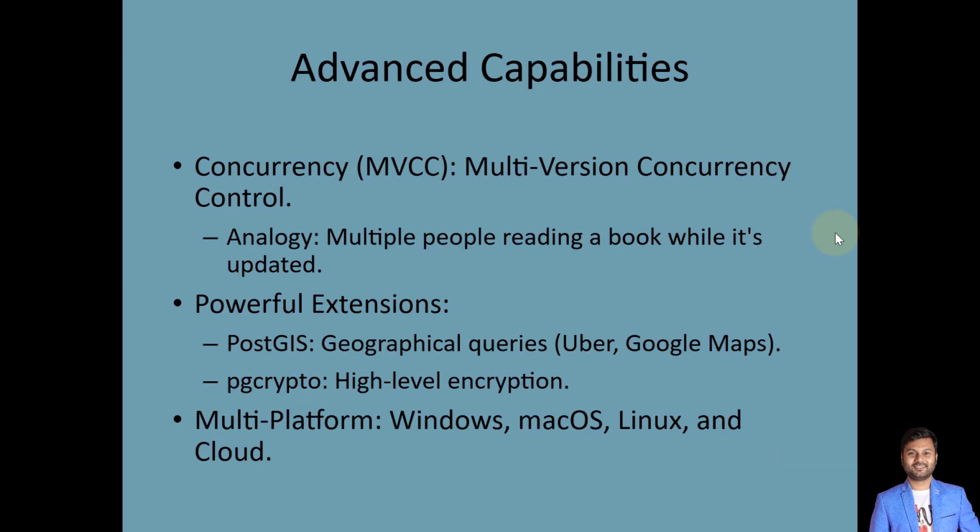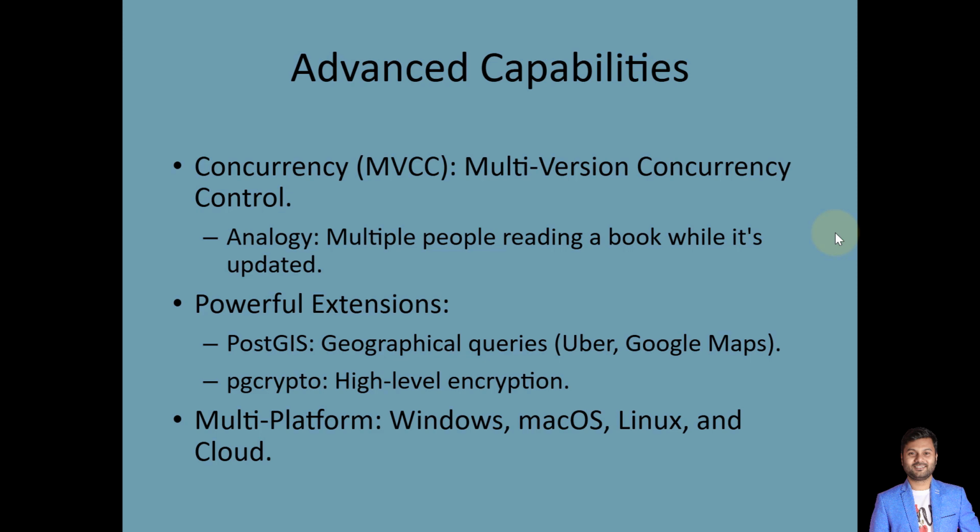So here are some advanced capabilities of PostgreSQL: concurrency and MVCC. MVCC stands for multi-version concurrency control, which allows many users to read, write data at the same time without blocking each other. So it's like allowing multiple people to read the same book while someone updates a new edition without disturbing anyone.